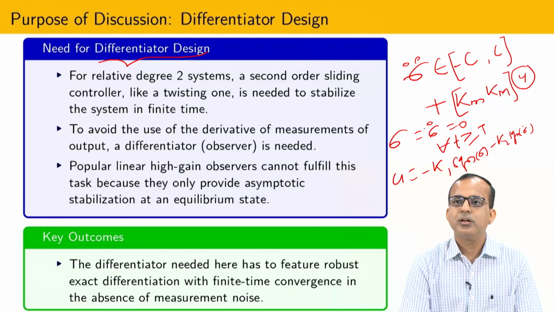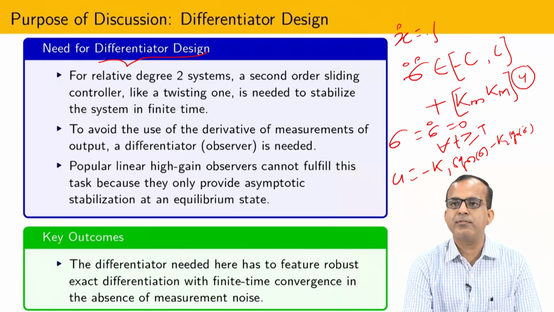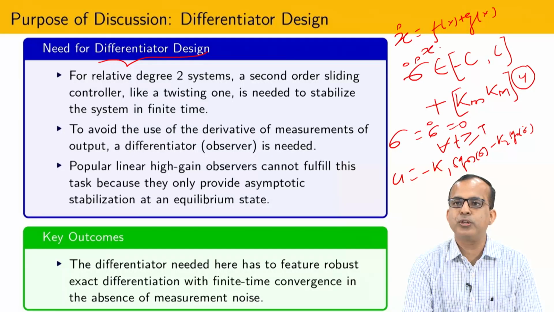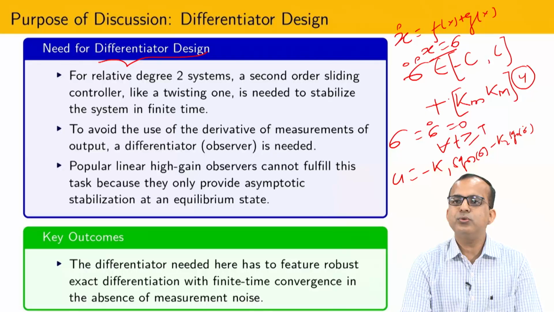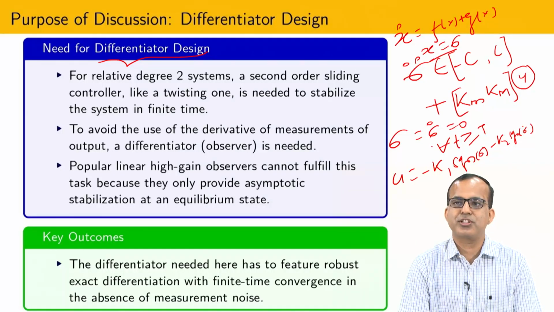Now most of the time I have a plant like x dot equal to f(x) plus g(x)u, and using input output linearization about x, with output equal to sigma, whatever you want you can represent it. Basically we are trying to generate the control. So information of sigma is available, but sigma dot you have to construct.